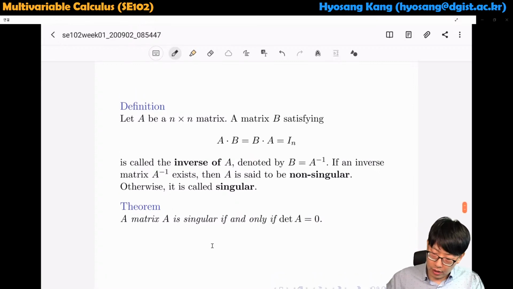So we are talking about the inverse of a matrix. Whenever you want to take the inverse of a matrix, you need a square matrix. A square matrix is a matrix where the number of rows and number of columns are the same.